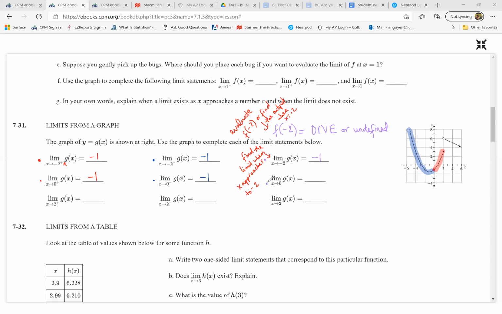So when x approaches 0, what is the limit when x is at 0? Thank you, Lynn. Thank you, Saskia. Not confident enough? You should trust yourself. Oh yeah, so it's -1.